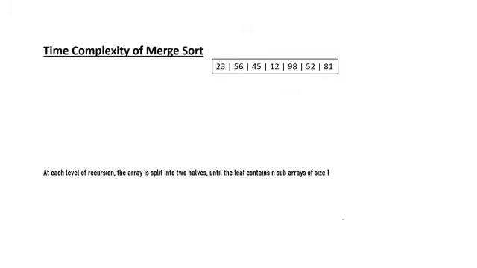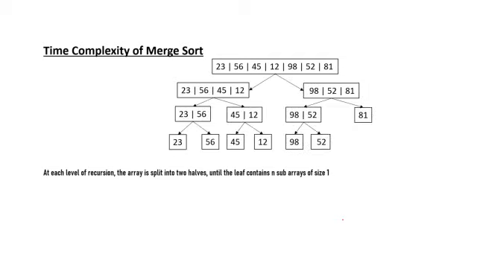So now let's move on to the complexity of the merge sort. Here this is how the array has been divided. At each level of recursion, the array is split into two halves until the leaf nodes contain n sub-arrays of size 1. This is accomplished in O(log n) time.